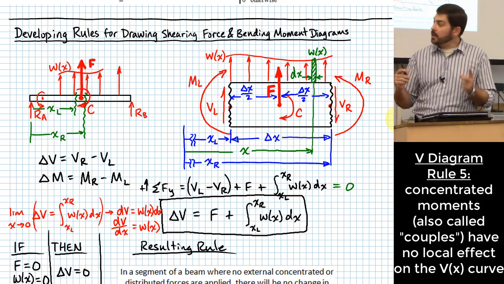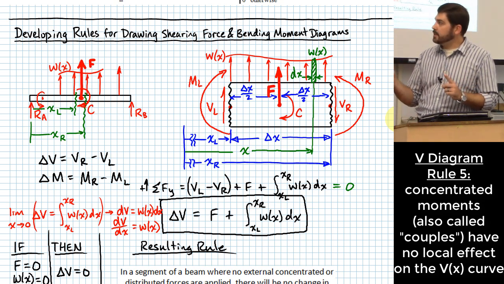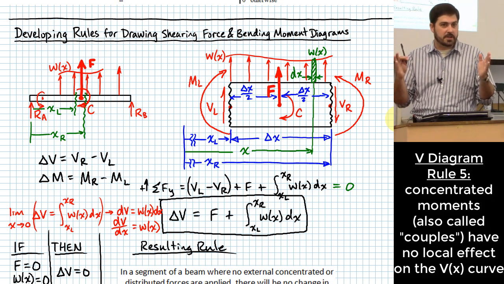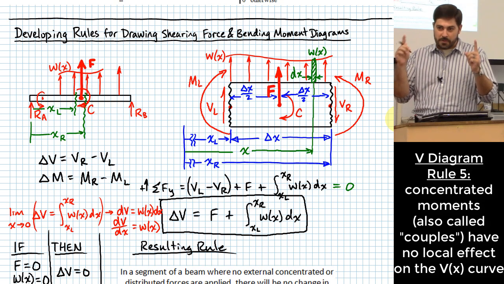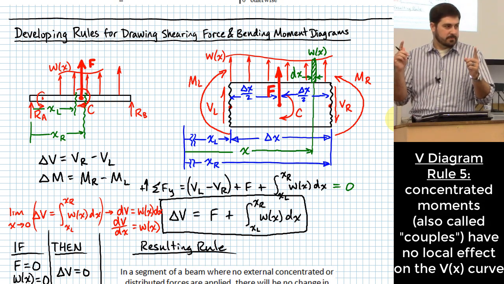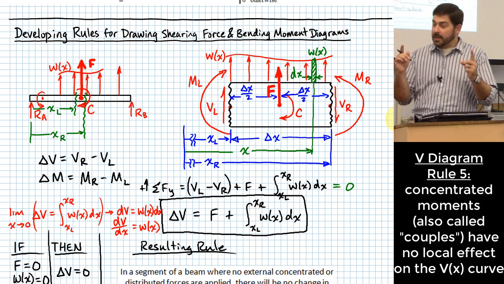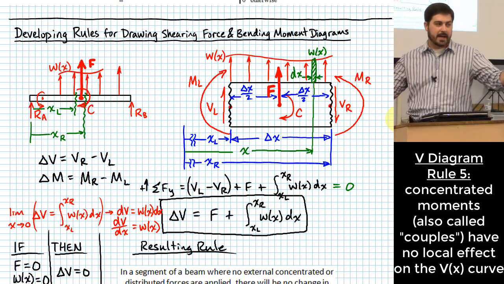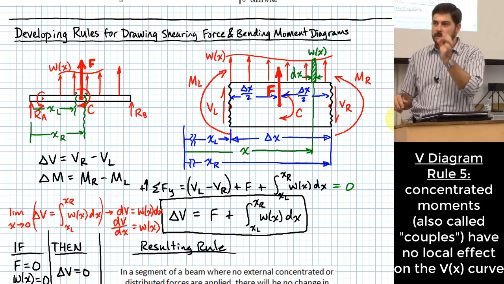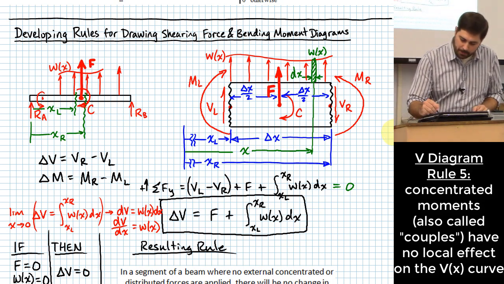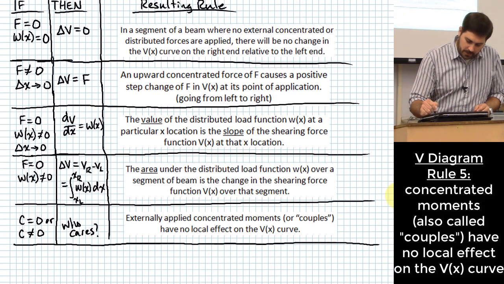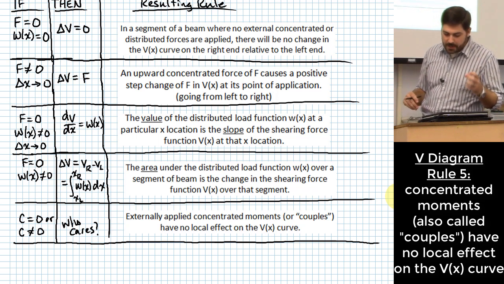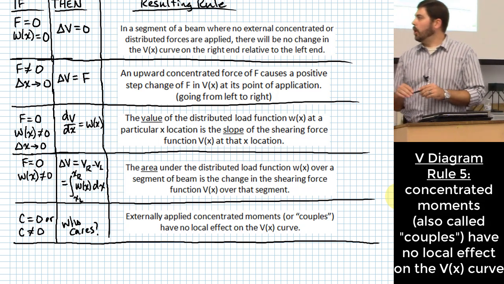Because RA and RB are affected, it will affect the V(x) curve across its entire length, since we changed those two reaction forces. So it has an effect, but through the reactions, not because of the locally applied concentrated moment. So externally applied concentrated moments or couples have no local effect on the V(x) curve.